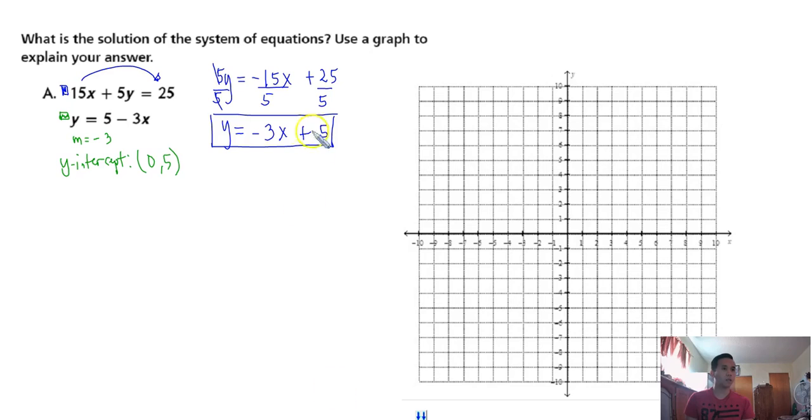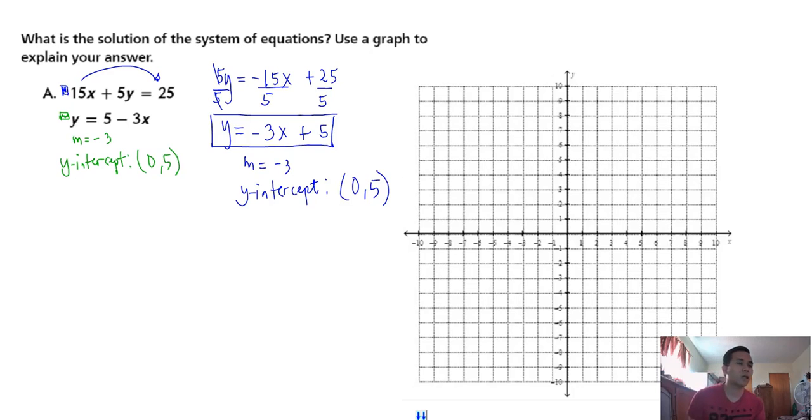On the blue equation, my m is -3, I'm sorry about that, and my y-intercept would be (0, 5). So what have you noticed there? They have the same slope and they have the same y-intercept.